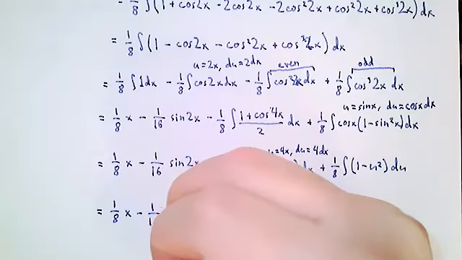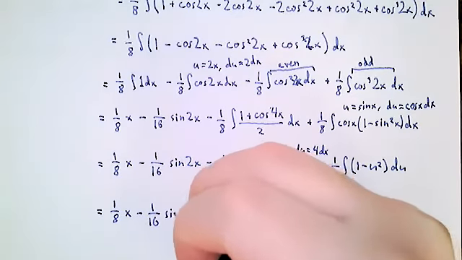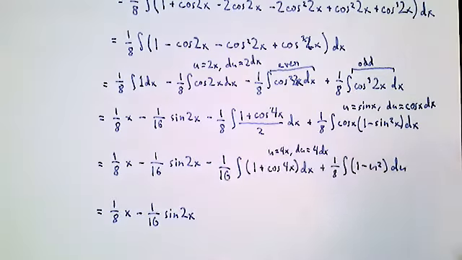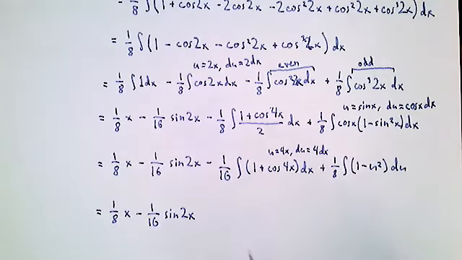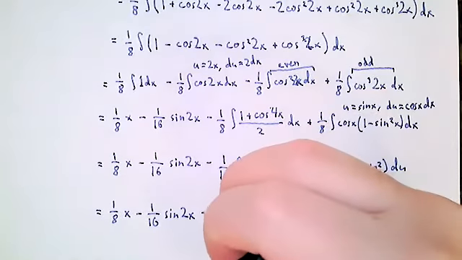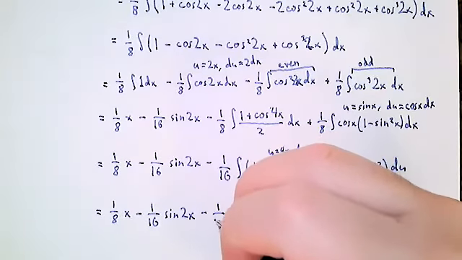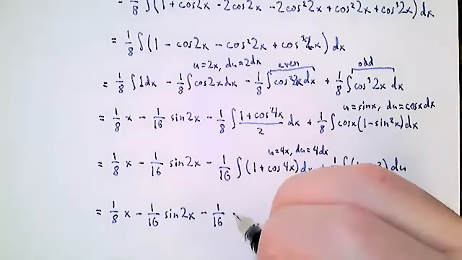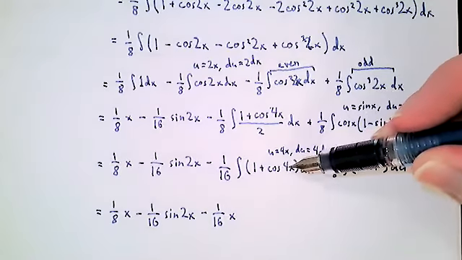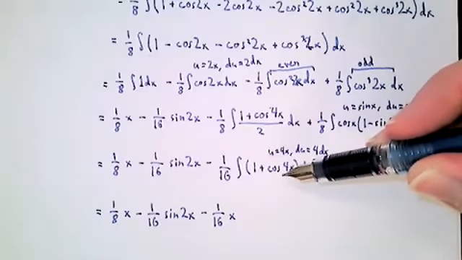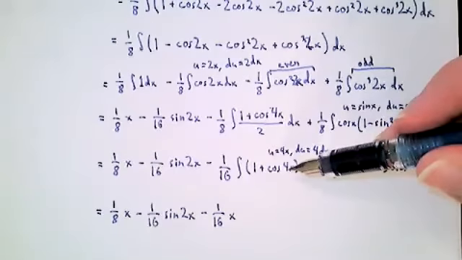So copy down the first bits that we have already done. From this integral, you'll get an x from the 1. And then from the cosine of 4x, you'll get a 1 over 4 sine of 4x.